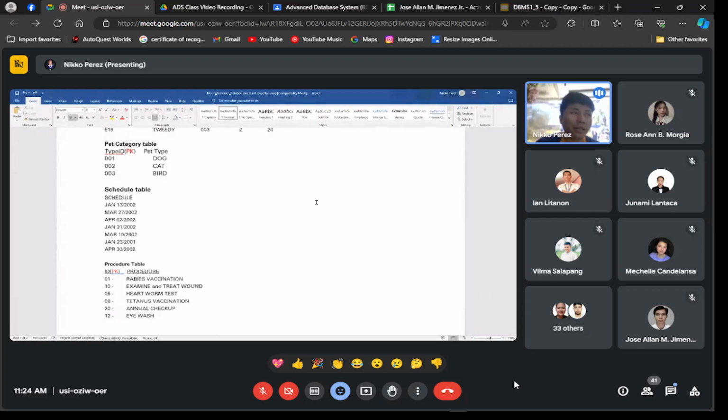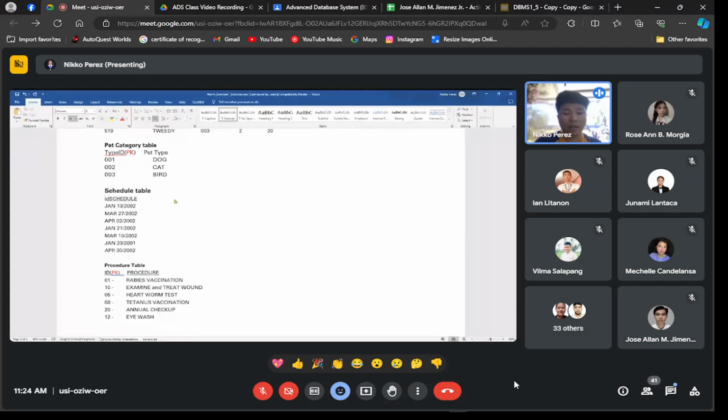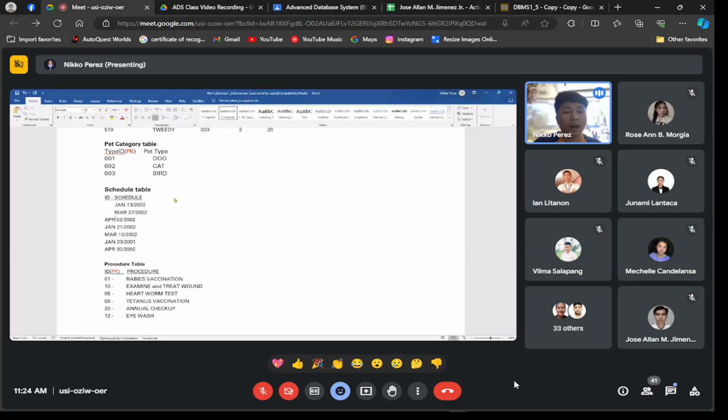And in a day, there are multiple transactions that happen. If you create an ID number for each day, you might have to include the time as well. What I mean is, for January 13, for example, if you create an ID number because you want to emphasize that it is a different procedure that day, there are multiple procedures in a day. Five pets may avail of a service in one day. You will realize it is not practical to put an ID number on the schedule.